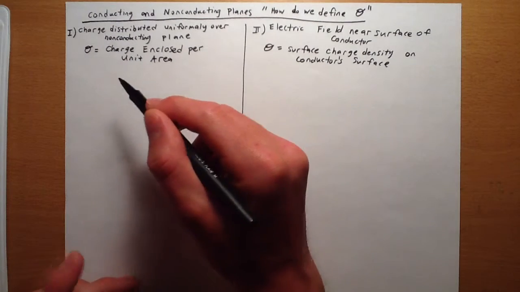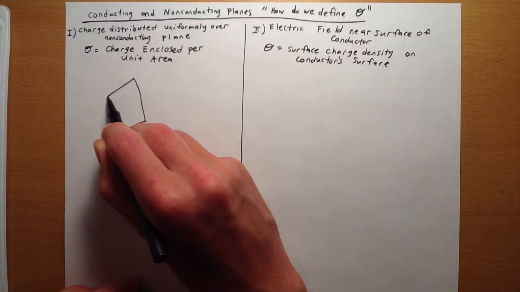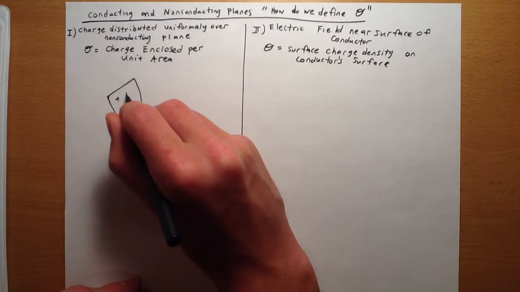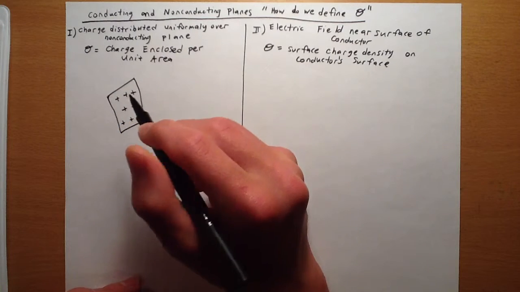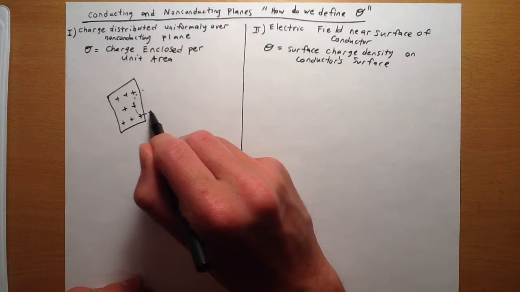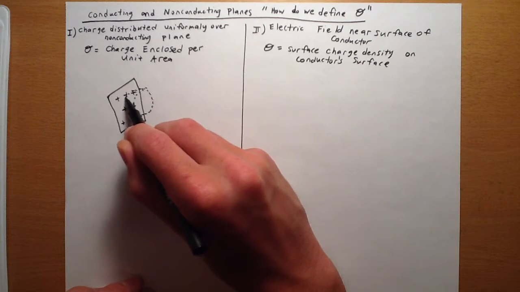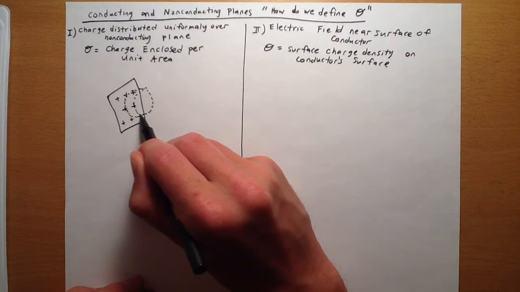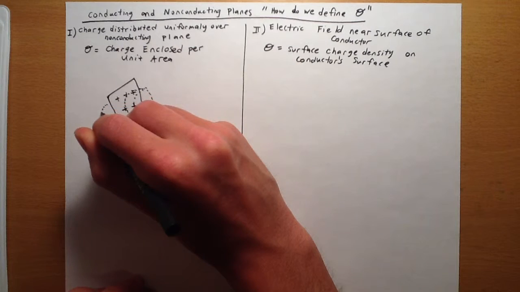So in the previous section, where we had the plane with charge uniformly distributed on it, we have positive charges. We're going to draw a unit cylinder, and we're going to draw a unit cylinder on both sides.